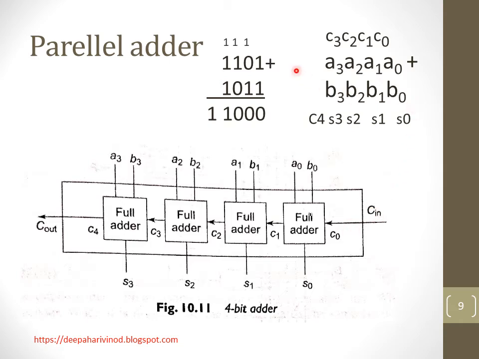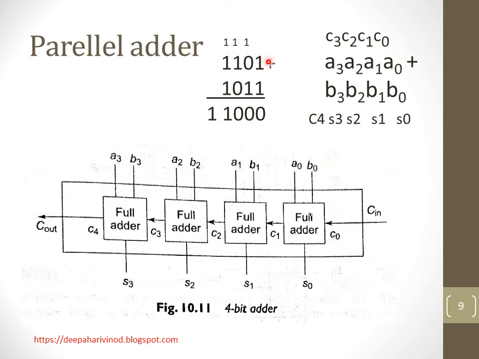For example, let me take 1101 plus 1011. The carry to the LSB bit will be 0 because we don't have any bit prior to this, so always this will be 0.